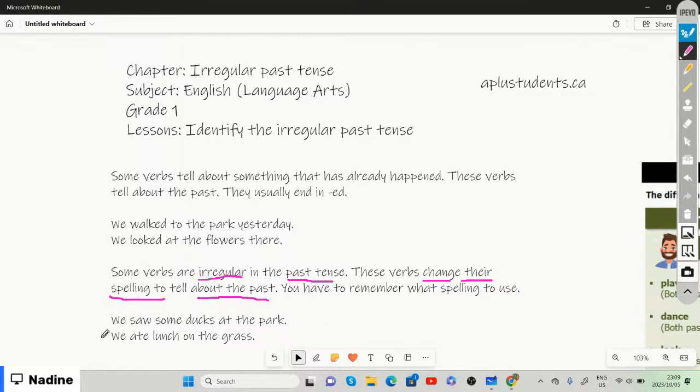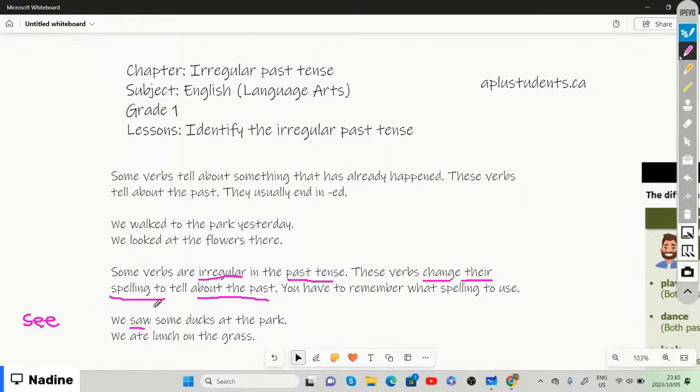An example is, we saw some ducks at the park. So if we identify the verb, then we can say the verb is saw. But the present tense of saw is to see.